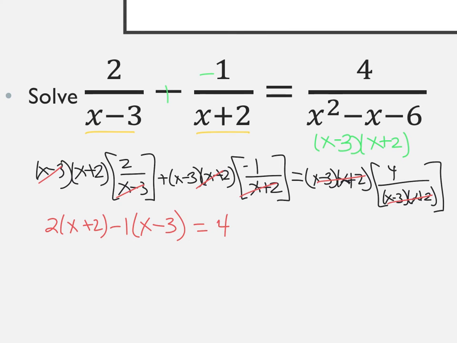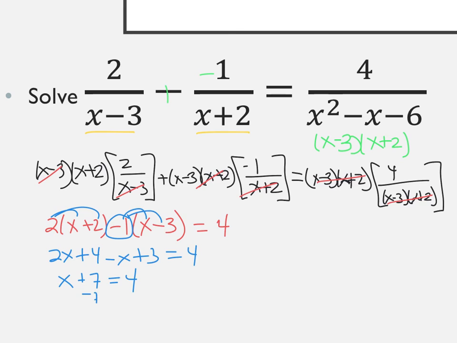Now we're left with an easier equation for us to solve. 2x plus 4, make sure you distribute the negative to both terms in the middle, minus x plus 3 equals 4. Combine like terms, so x plus 7 equals 4. And when we subtract 7, we get x to equal negative 3.